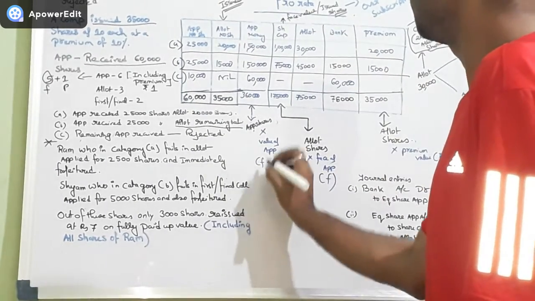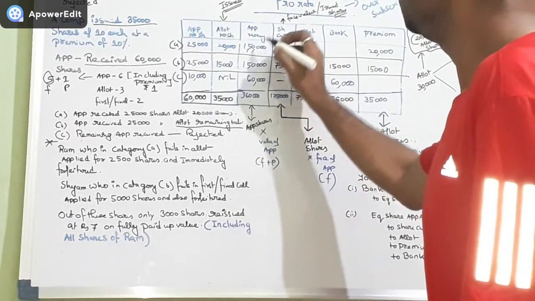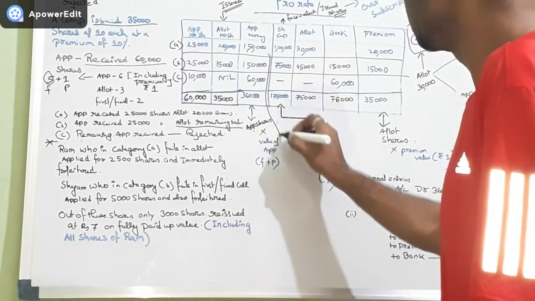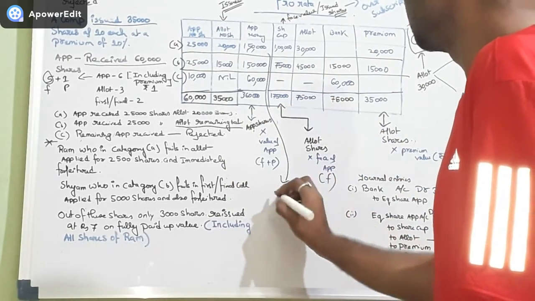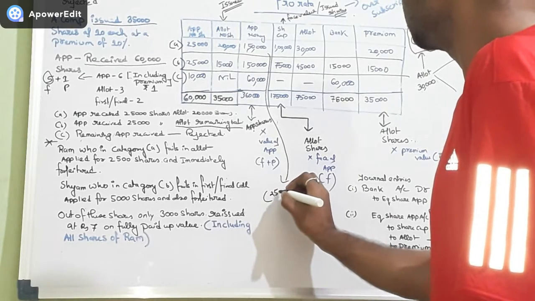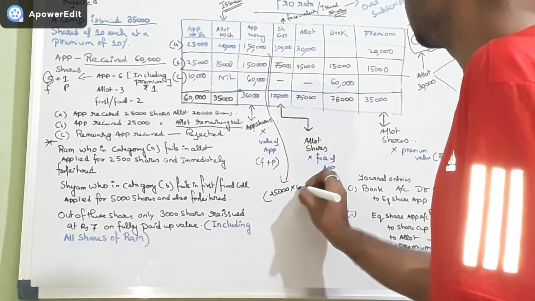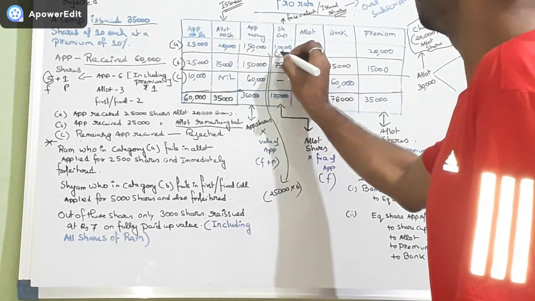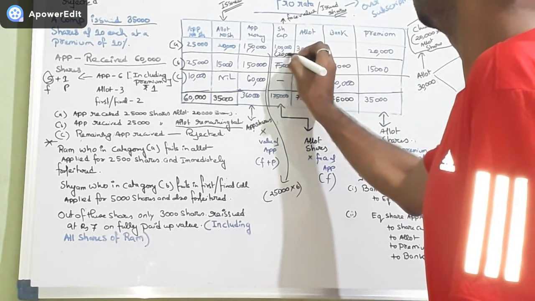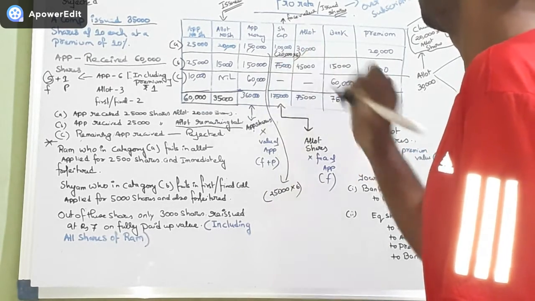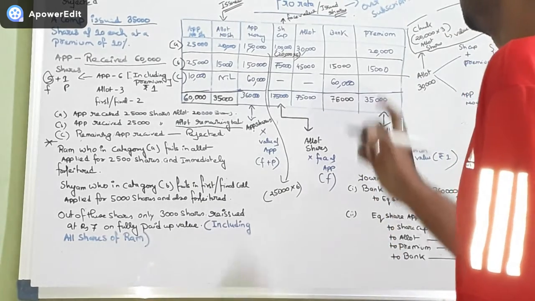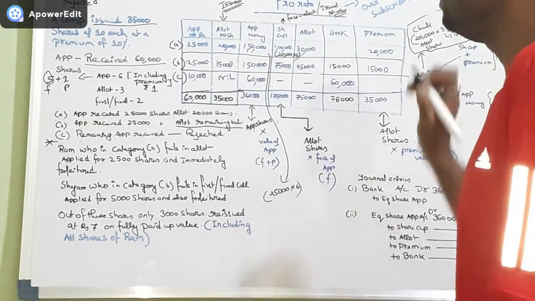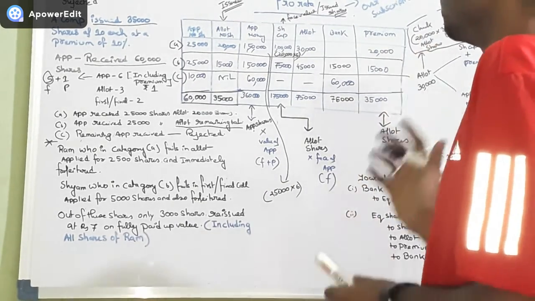So for this case we can say 25,000 into 6, and for this case we can say 20,000 into 5. Now what will the premium value be? The premium column is also created.